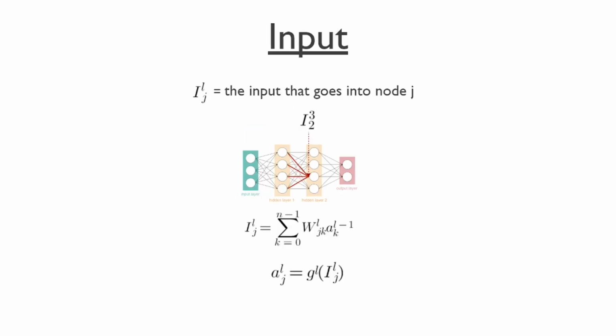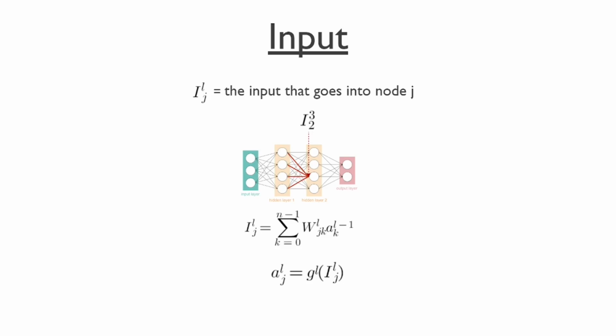For our activation function to compute the activation for a node, it takes inputs from nodes in the previous layer. We will describe the input that goes into a node as I with a superscript l and a subscript j. This will be referring to the input to node j in layer l. We know that the input to a node is computed by taking the activation outputs of all the nodes in the previous layer and multiplying them by the weights that connect them to our node.